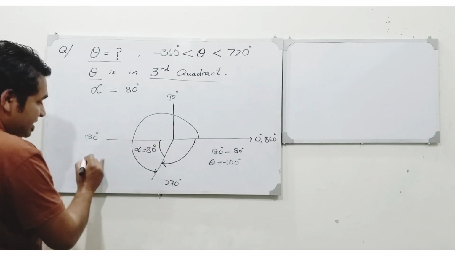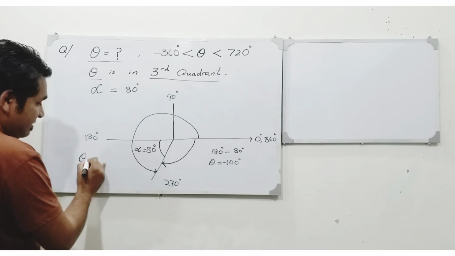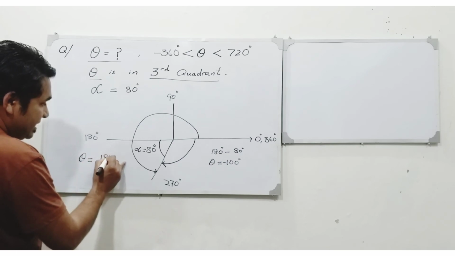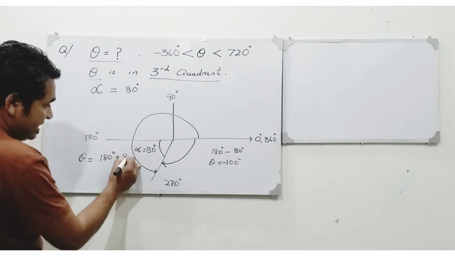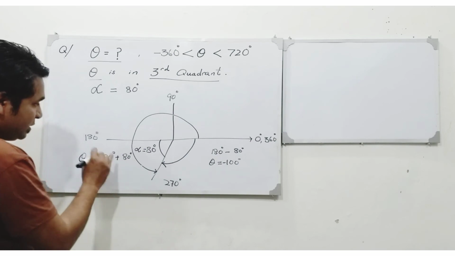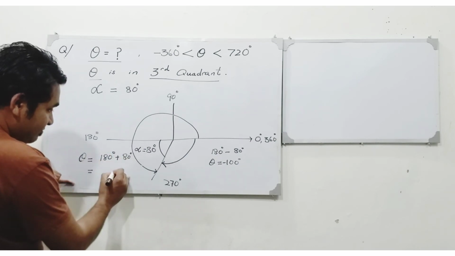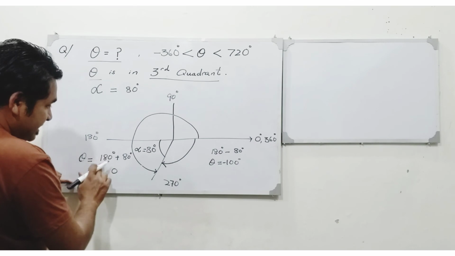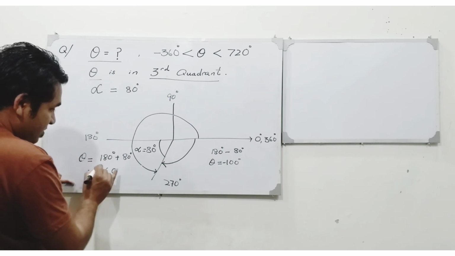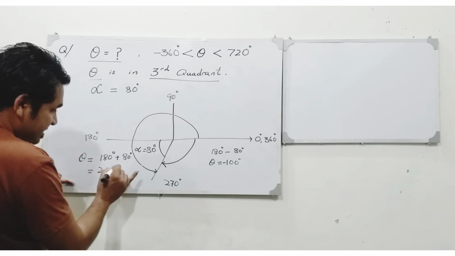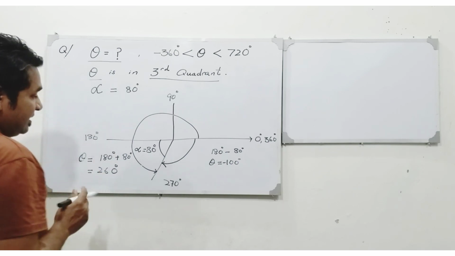So theta will be equal to 180 plus 80, which, when we add both values, 0, 8 and 8, 16, and 2, 1 and 1, 2, is 260 degrees. So this is one value.